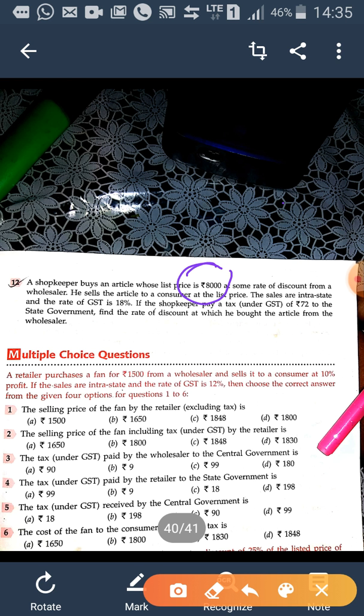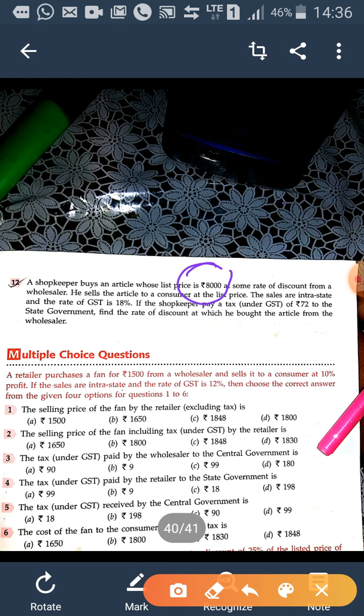Okay, so imagine a normal situation. If I would have given you one whole entire sum, you would have solved it, and then I would have asked you how much SGST does the shopkeeper pay. How would you have calculated it?